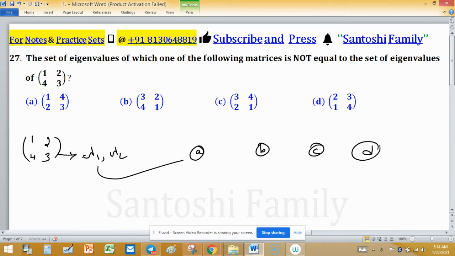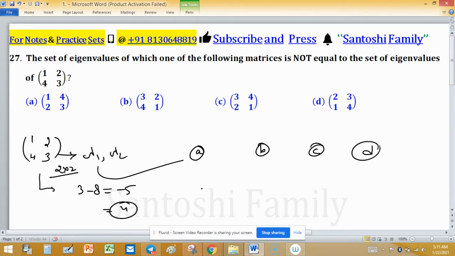So for the exact eigenvalues of this matrix, as the matrix is of very small size, 2 by 2, its determinant is 3 minus 8, which is minus 5, and its trace is 4.